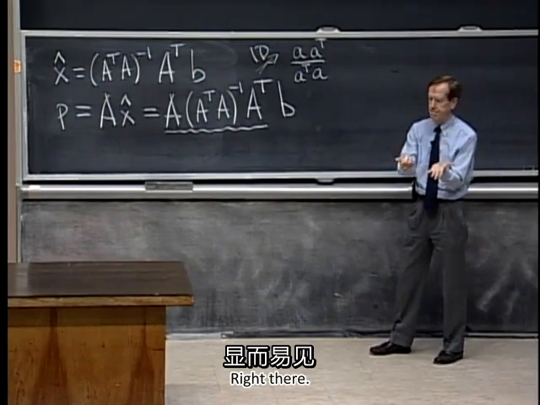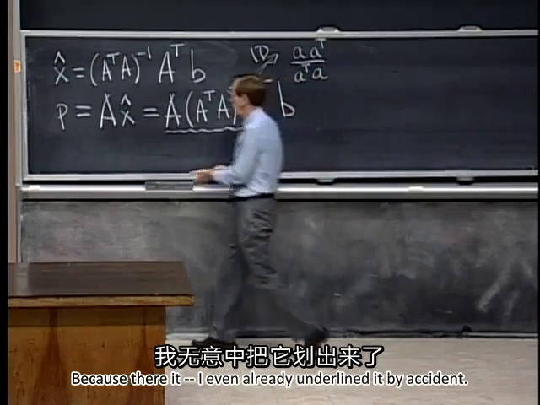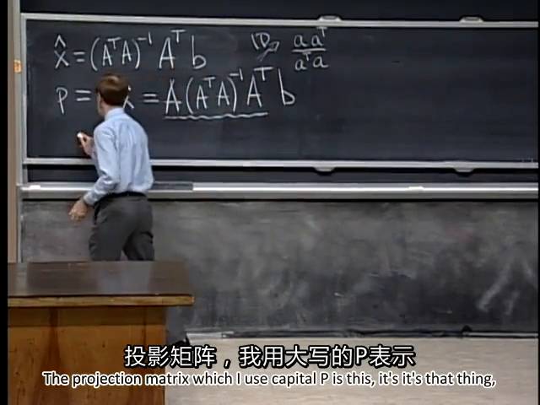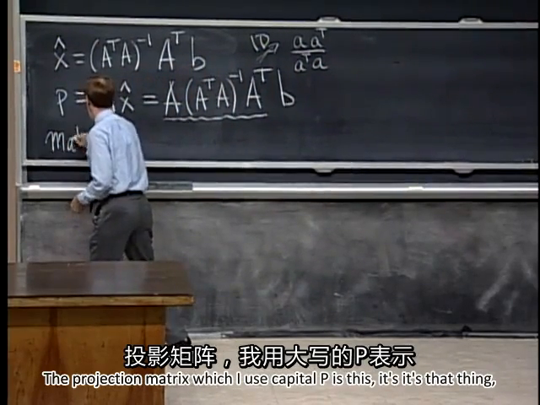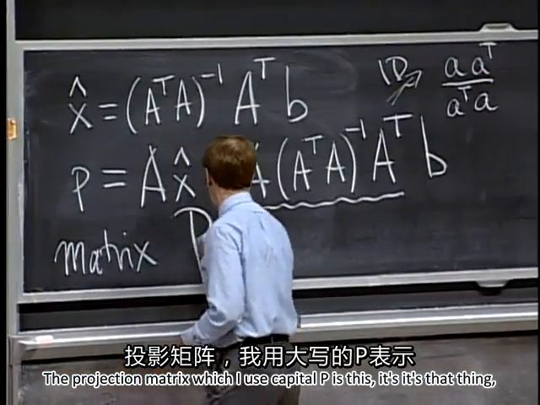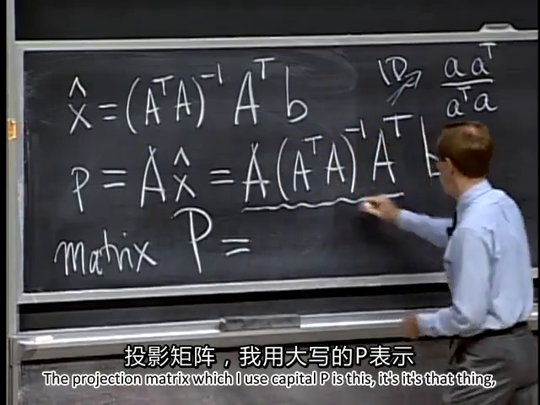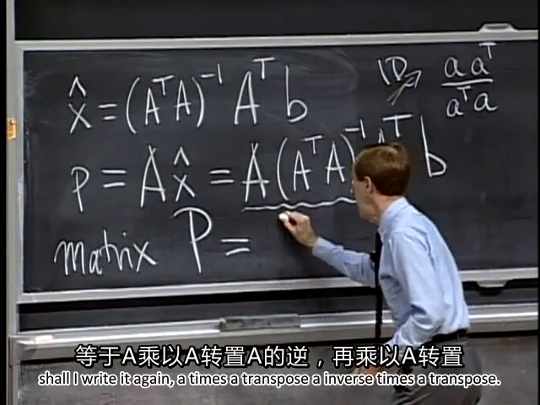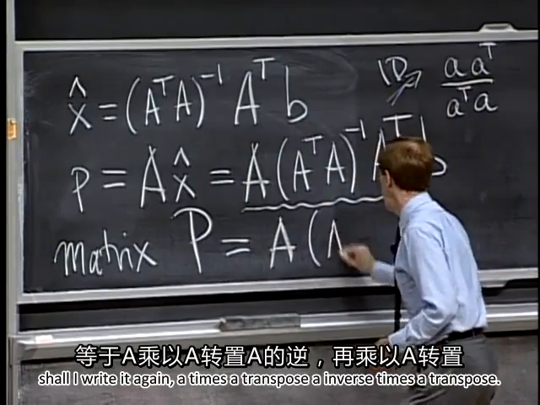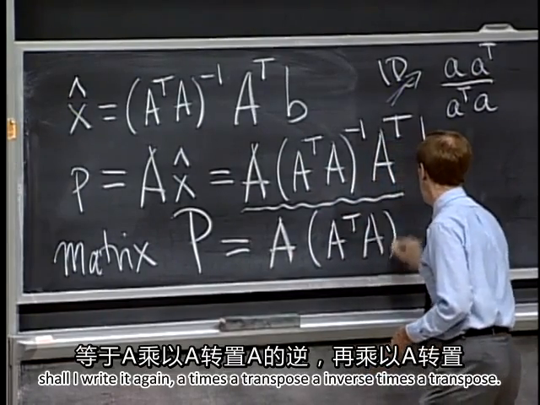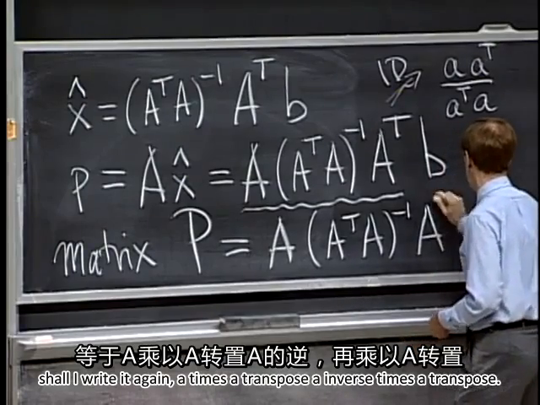Right there, it is. The projection matrix, which I call capital P, is A times A transpose A inverse times A transpose.